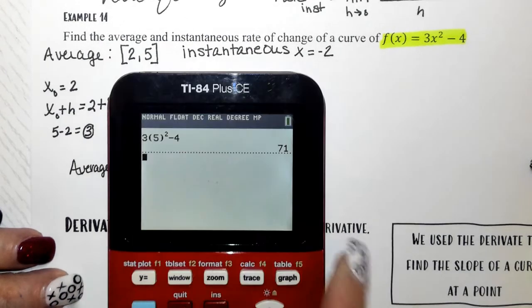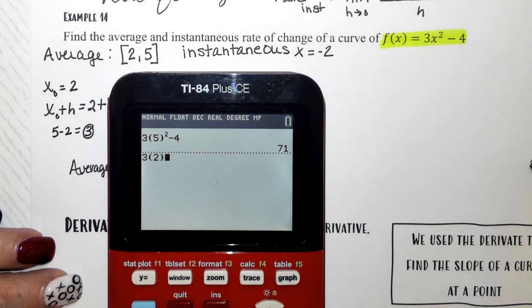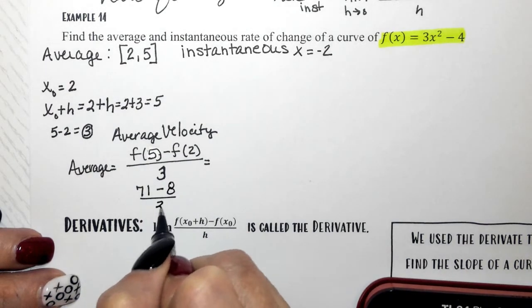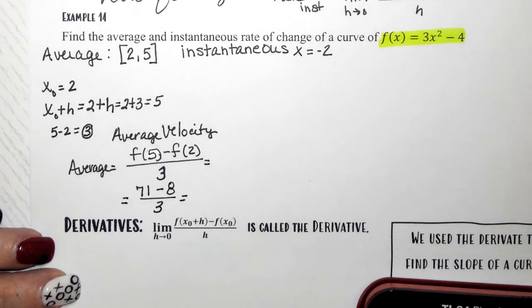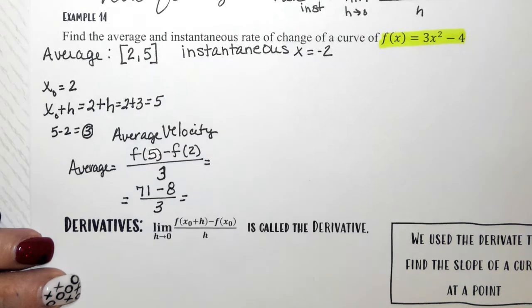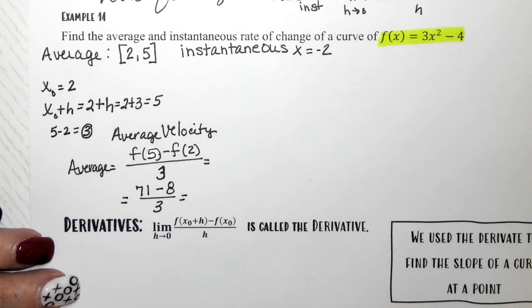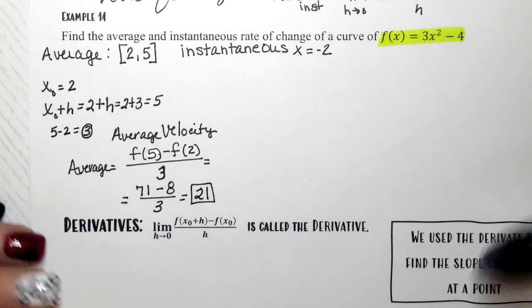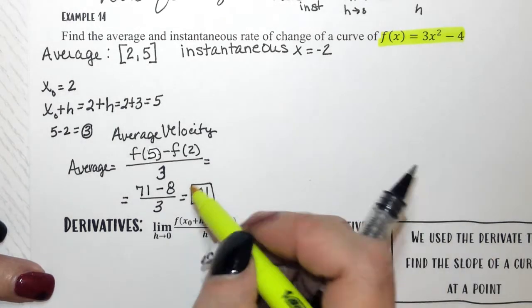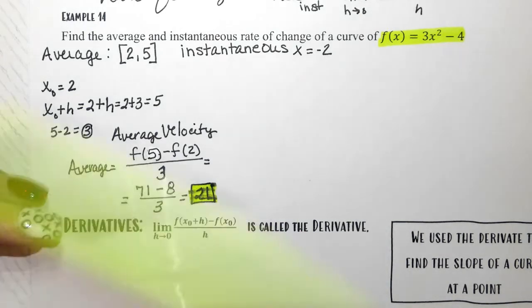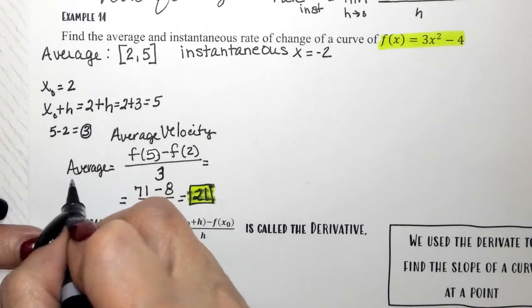Minus 3 parentheses 2 squared minus 4 is 8. Divided by 3 is 21. Okay, I got 12. Oh, no, I didn't. I got 21. So there's my average rate.